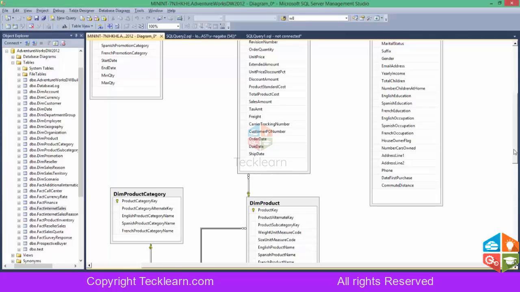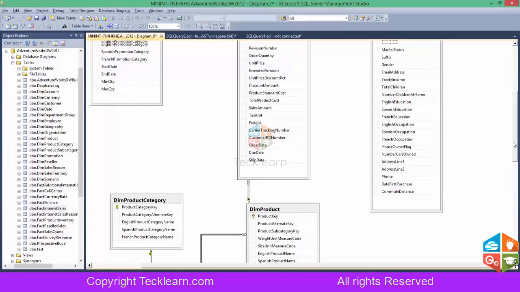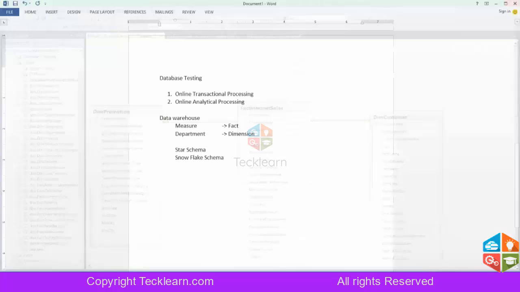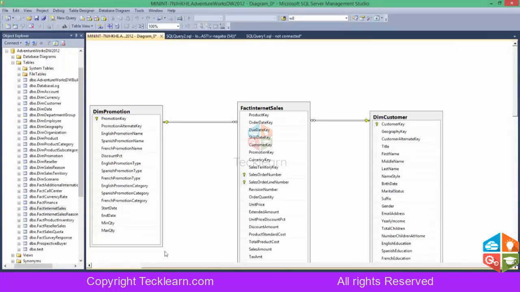In the data warehousing model, you will have dimensions and facts, and then you will retrieve data quickly and efficiently, by consuming very little time.